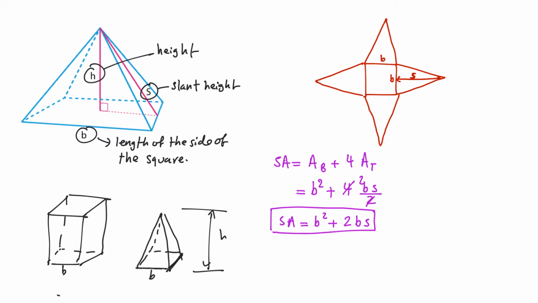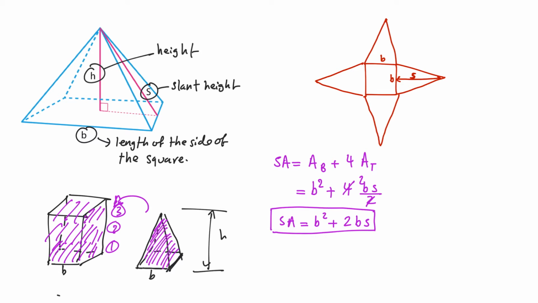So now if I were to fill up this square pyramid with a liquid and start pouring it into my rectangular prism, it will take 3 times to fill up the whole square pyramid. So exactly 3 times.